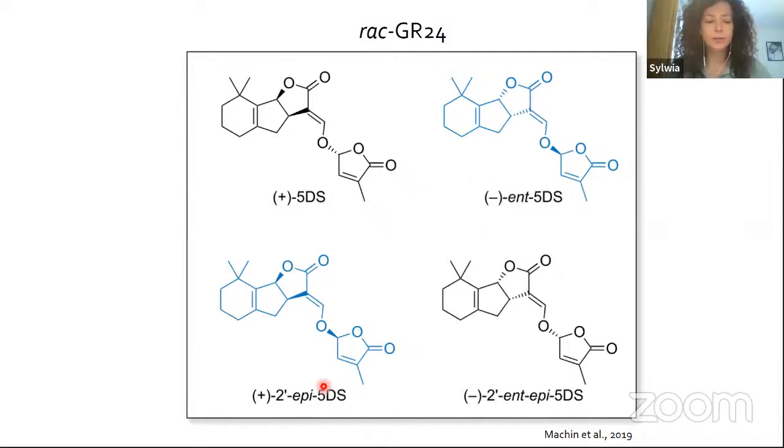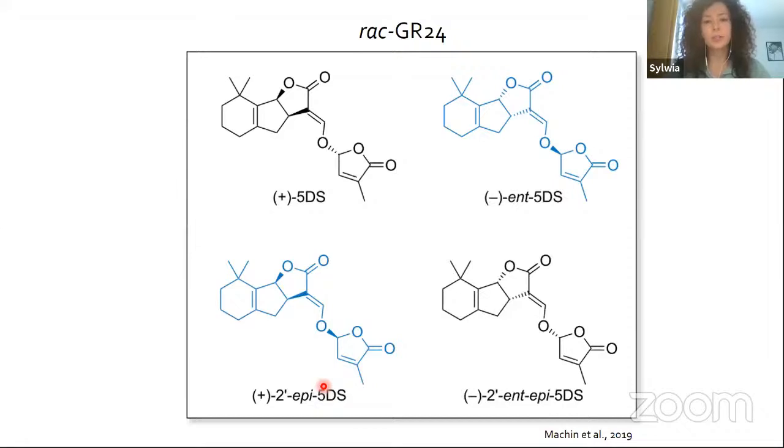Although there are 20 naturally occurring strigolactones that were isolated, this isolation is quite expensive and difficult. Therefore, for research purposes, we use a chemically synthesized strigolactone molecule, and the most commonly used one is GR24.